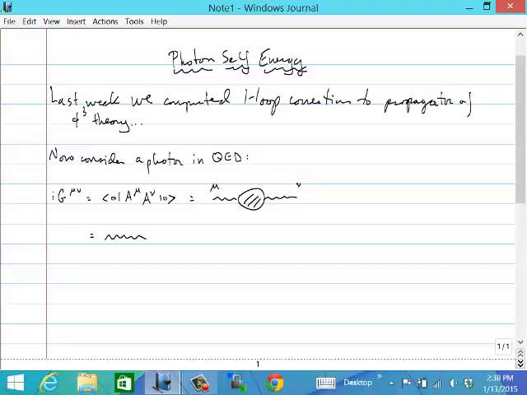So, of course, the leading contribution to this photon-photon two-point function will just be the usual tree-level propagator, which we studied in quite some detail last semester. And then you could start computing loop corrections. So, for example, last time we defined the notion of a one-particle irreducible contribution to a two-point function.